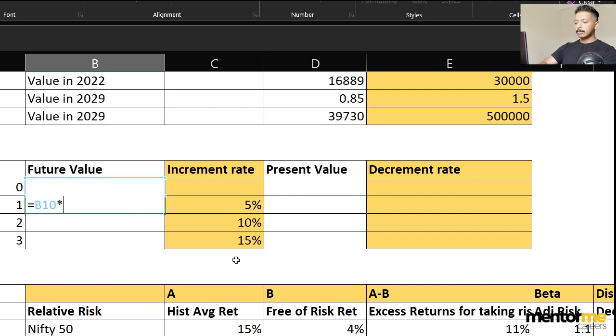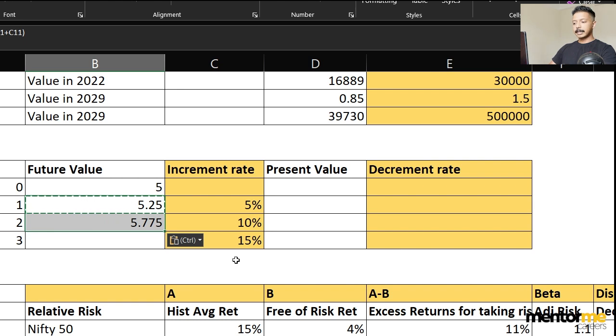Let me put up the formula. So the next year the value changes to 5.25. The year after that it increases to 5.775, and the year beyond that increases to 6.64125.